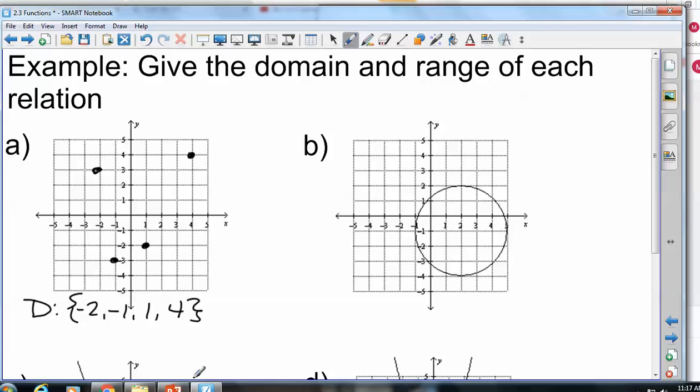Okay, the range. If I am talking about my y's, what y values does this hit? -3, -2, 3, and 4.